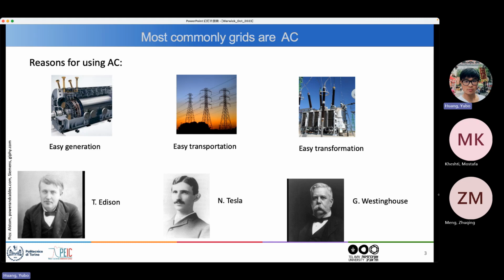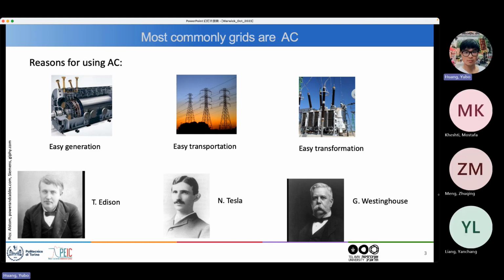AC was the way to go because of easy generation, since you don't need contacts on the collector of the generator, easy transportation, and easy transformation. Maybe the most important is easy transformation, because 100 years ago, and until recently, there was no way to transform DC. Now we have DC converters, but that's a relatively new thing.